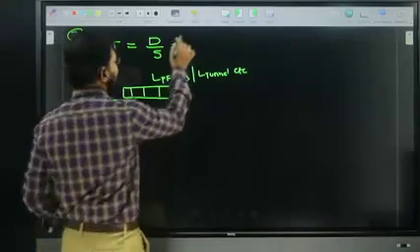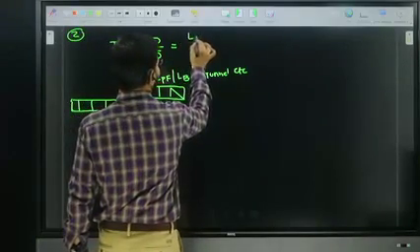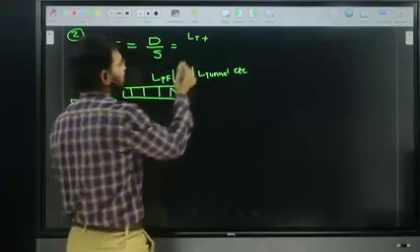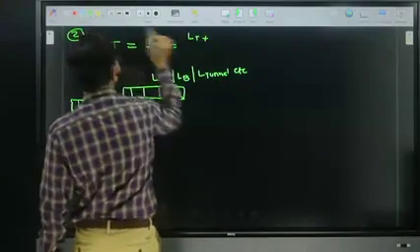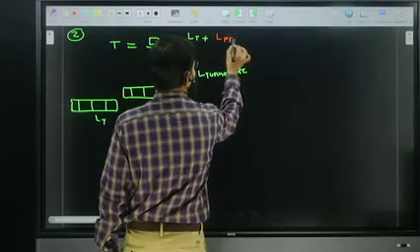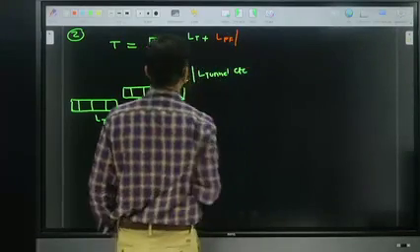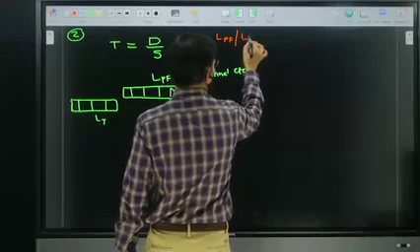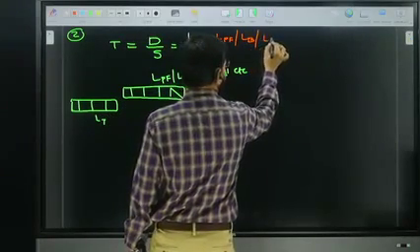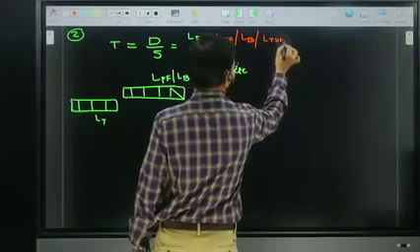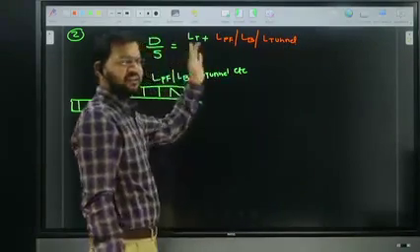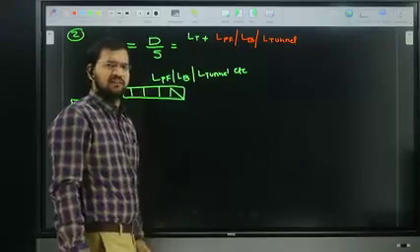First object length is the length of the train, plus, if they give a platform, we take the length of the platform. Or if they give the length of the bridge, we take the length of the bridge. Or if they give the length of the tunnel, we take the length of the tunnel. Whatever they give, that second object length is added to the length of the train.